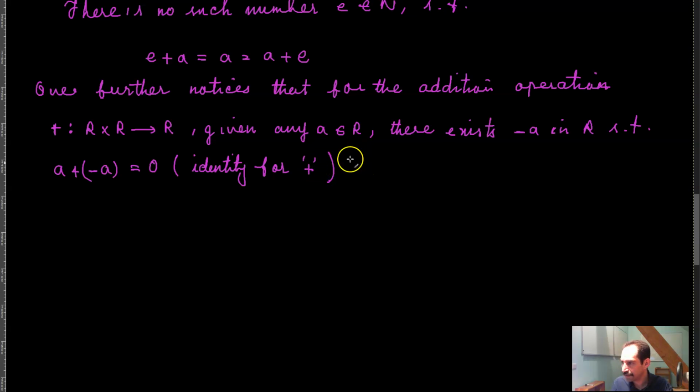So a plus negative a is equal to negative a plus a, which is equal to 0.